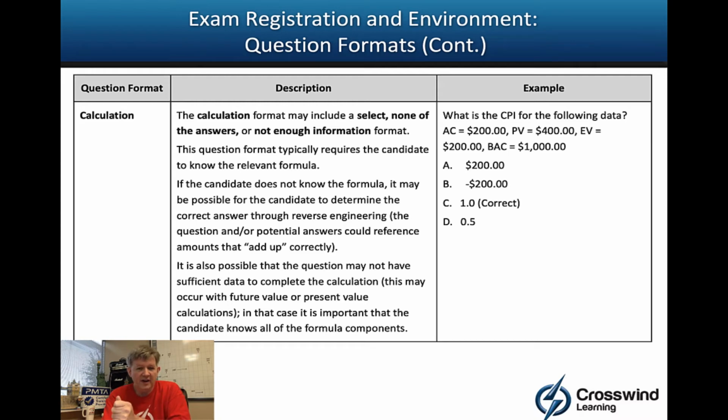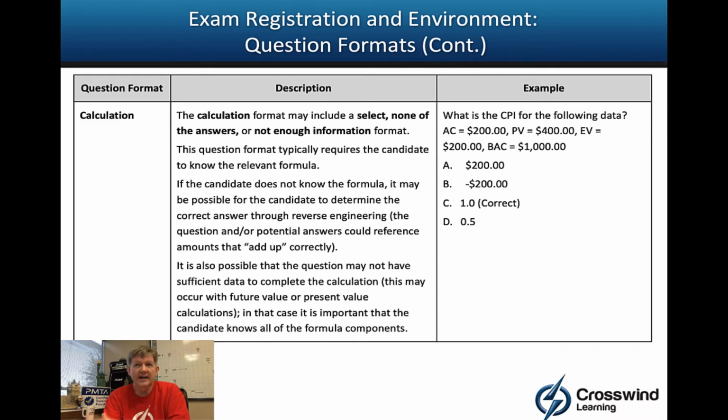Another thing, like a cost performance index, it's all the time: 0.8, 0.83, 0.833. If you were calculating something based on a CPI, you're going to get some slightly different numbers.